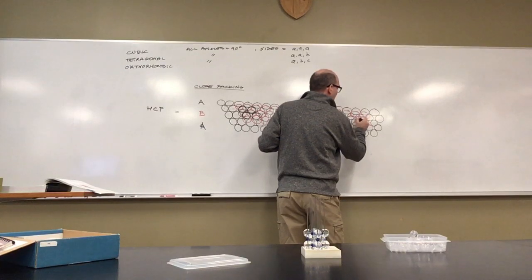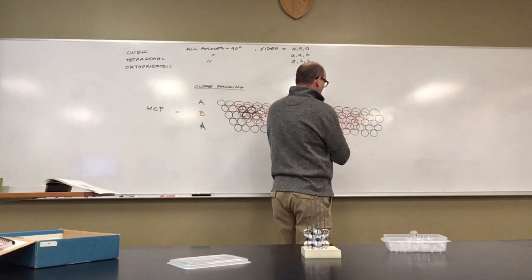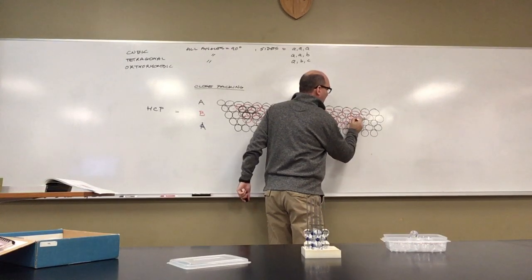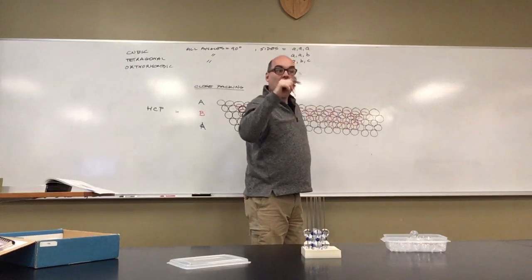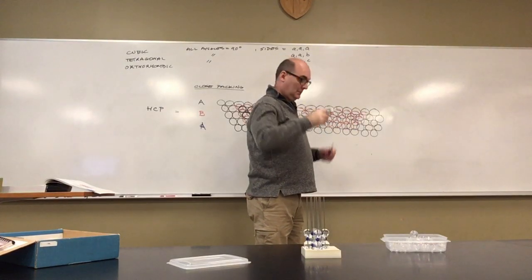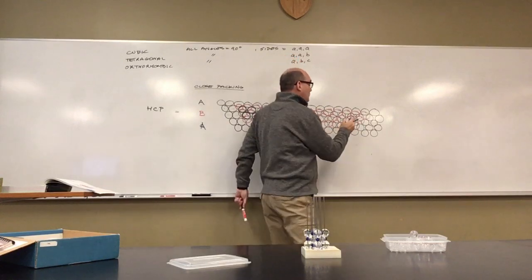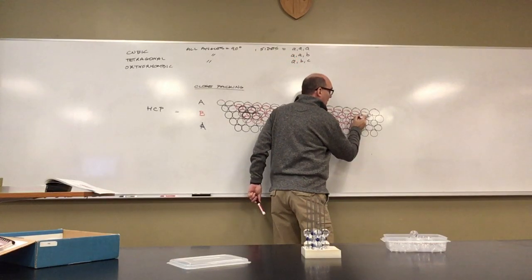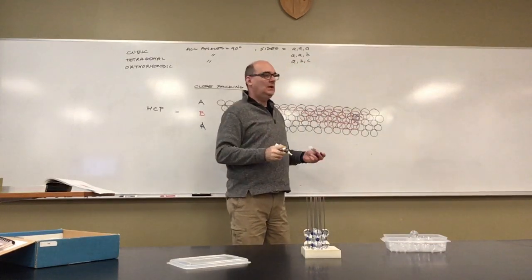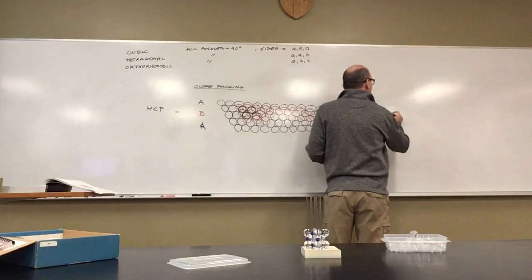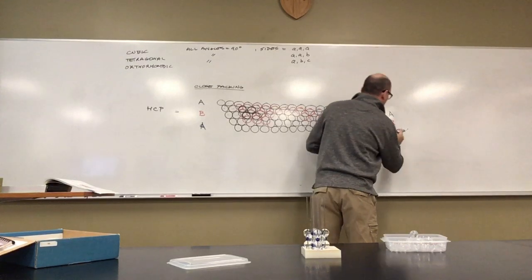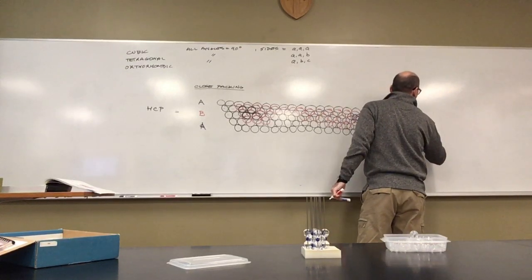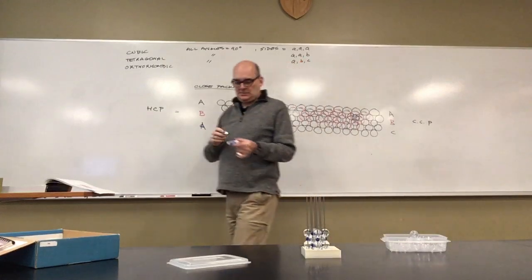See this triangle? See that red triangle? The centers of them are over nothing. So if I put my new atom or ion here, that's now a new unique position. I have a layer A, a layer B, and a layer C. This turns out to be cubic.